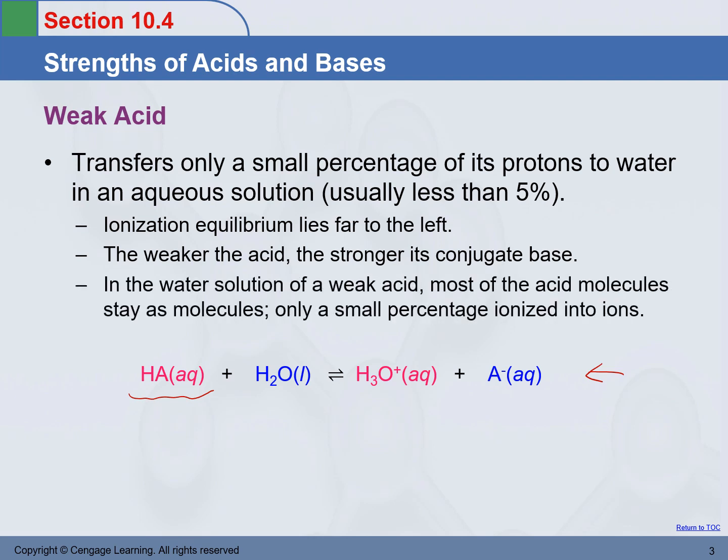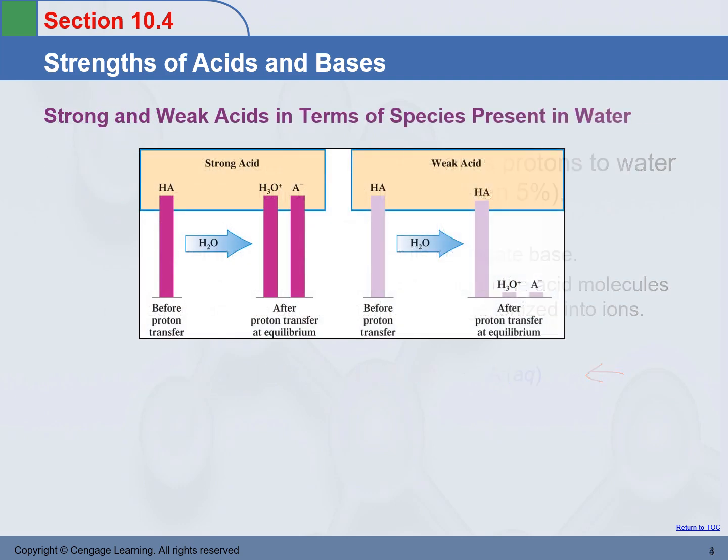In the water solution of a weak acid, most of the acid molecules stay as molecules, only a small percentage ionized into ions. Makes sense. Here is a picture showing us the species present in water when a strong acid or a weak acid is dissolved in water.